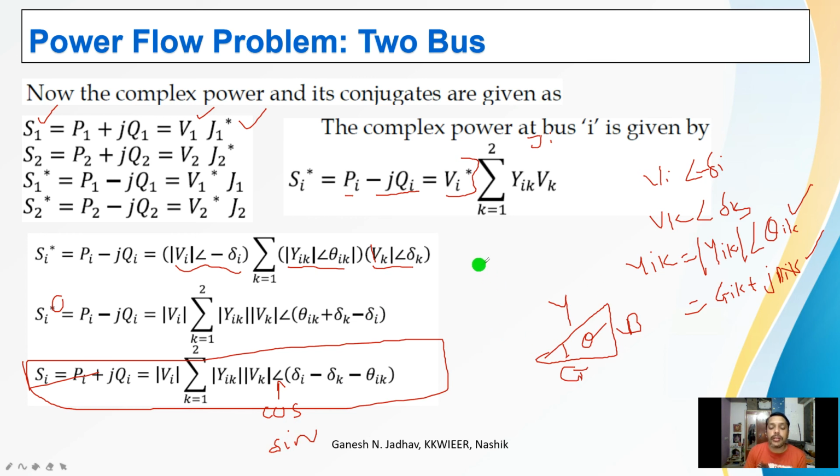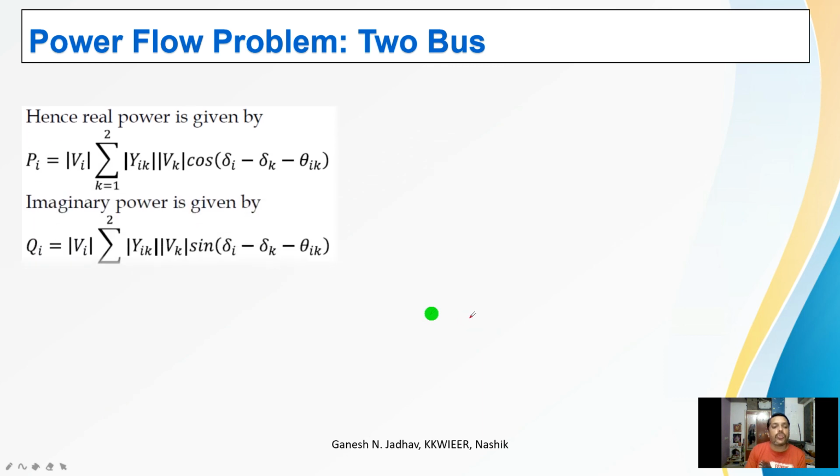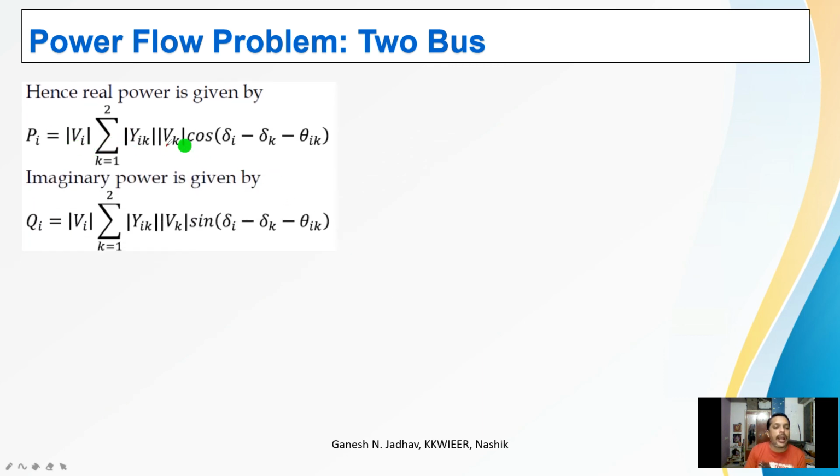We know that e raised to j theta, or you can take x at an angle of theta, is nothing but cos theta plus j sin theta. So in this form, the cosine term is the active power and the sine term is the reactive power here. So Vi Yik Vk cos of delta i minus delta k minus theta ik, and similarly the imaginary power or reactive power is Vi Yik Vk sin of delta i minus delta k minus theta ik.